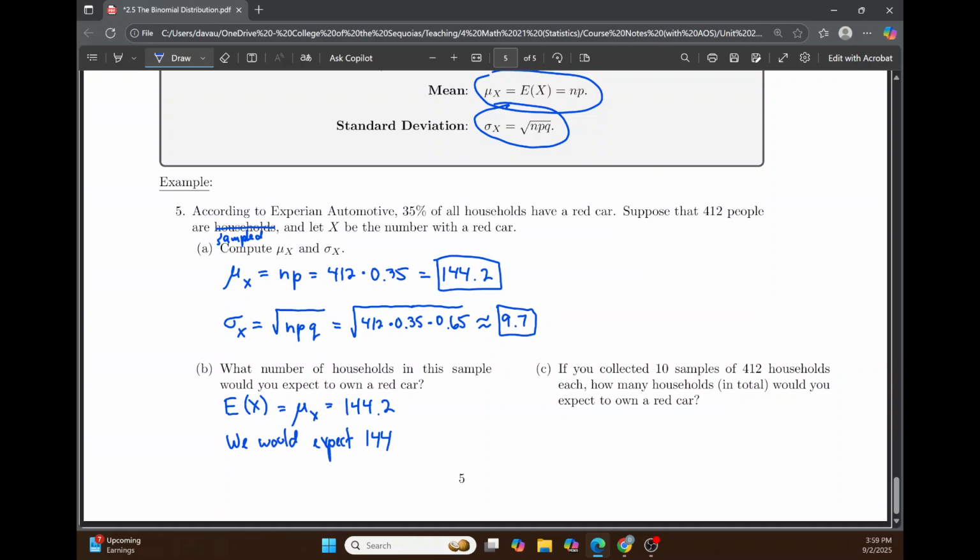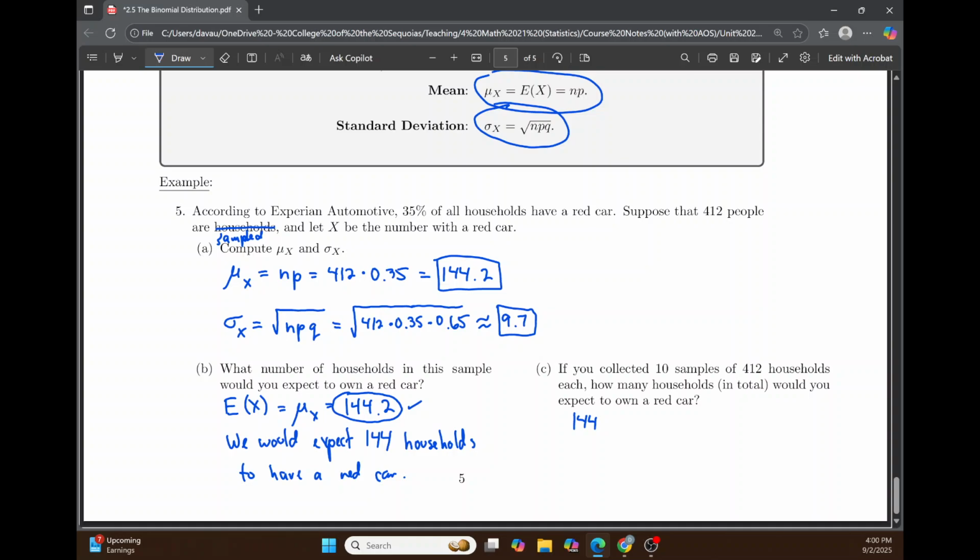Okay. Now part C. What if you collected 10 samples of 412 households each? Okay, how many households in total would you expect to own a red car? Well, in one of our samples, the expected value was 144.2. So in 10 of our samples, the expected value would be 10 times this number. Okay? So it would be 144.2 times 10, which is 1,442.